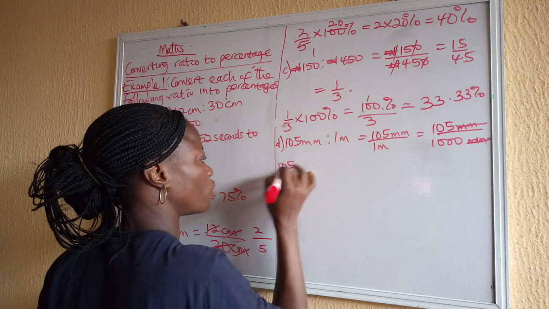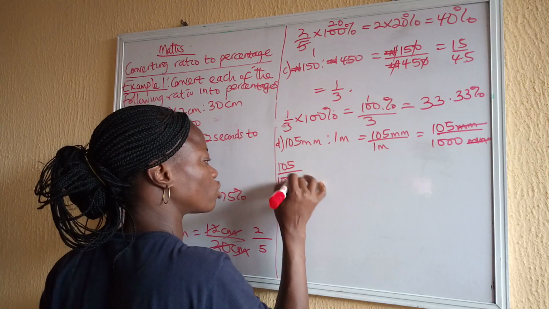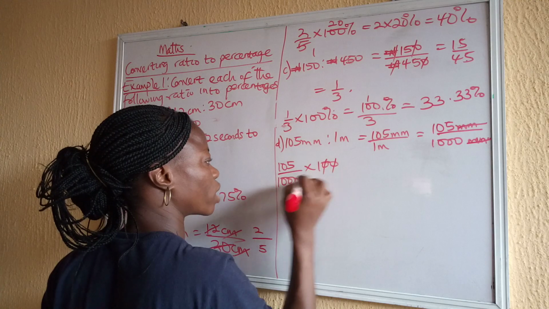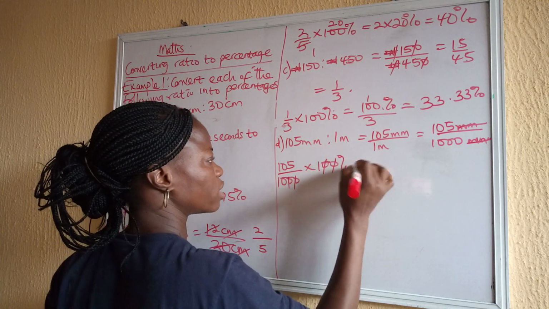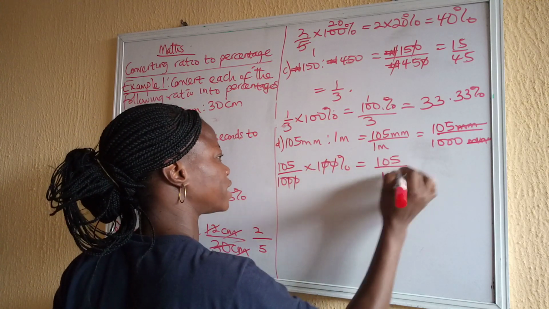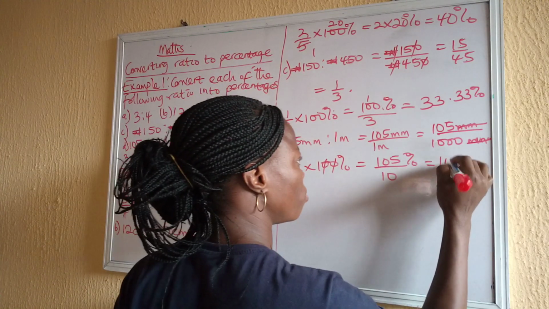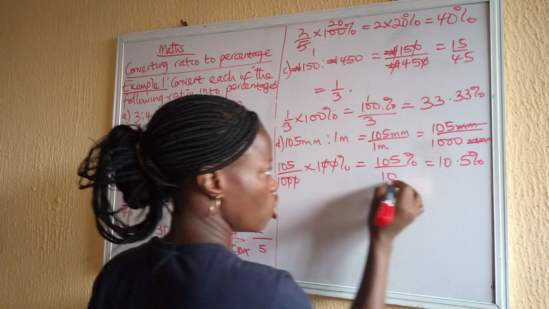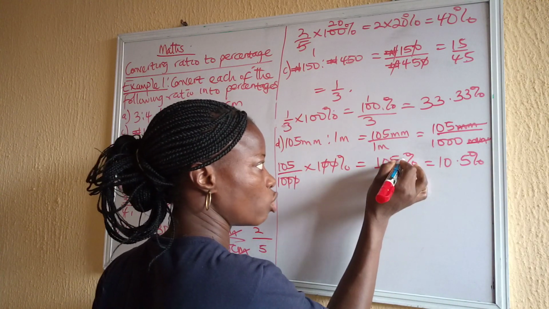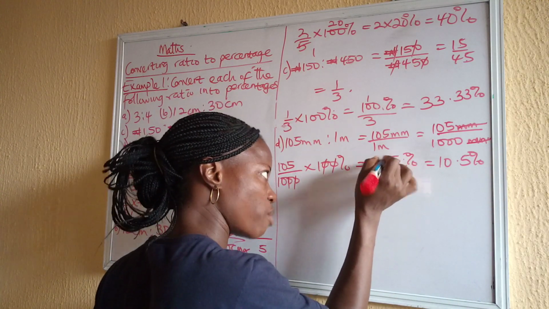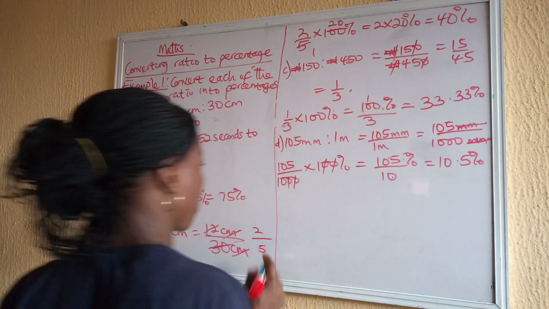So you'll be having 105 over 1,000 multiplied by 100. This will cancel, so you are left with 105 over 10 in percentage. When you use 10 to divide 105, you'll be having 10.5%. When one of the zeros goes, your decimal point moves back a bit. So that's why we are adding that.